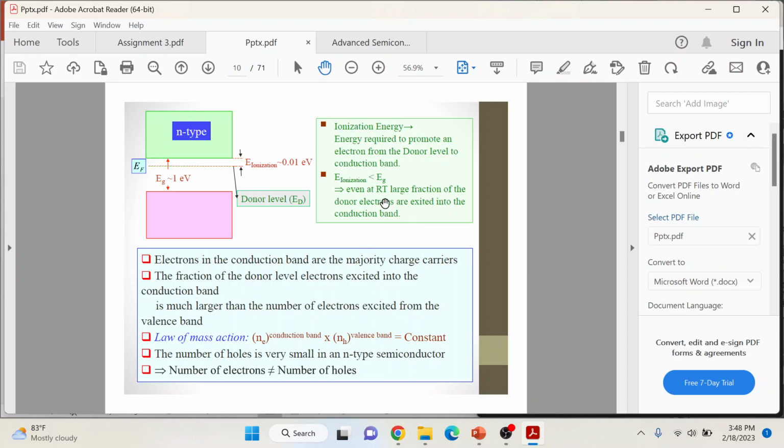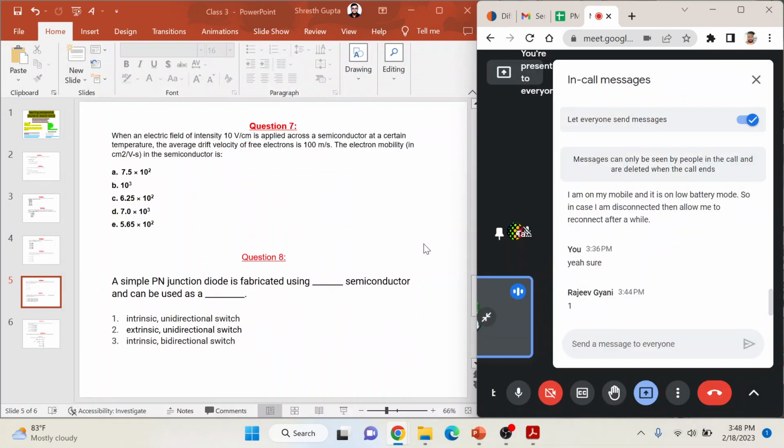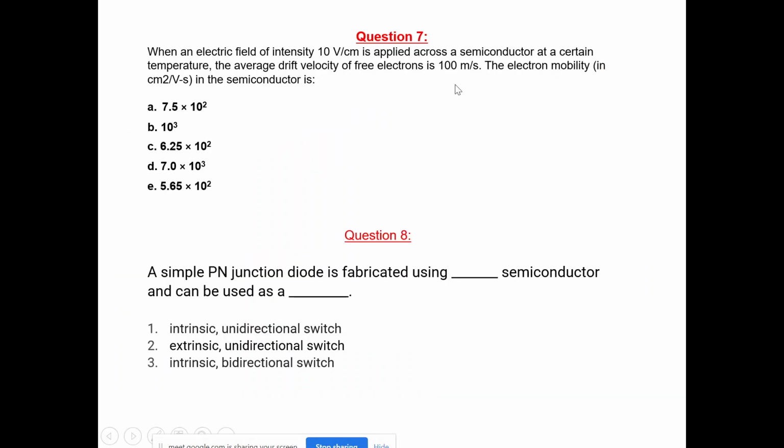And there are different laws which it follows, like when the band gap is greater than ionization or not, depending on the donor level and acceptor level. We classify it as N type and P type on the basis of the doping we are doing, whether pentavalent or trivalent, whether we are giving out electrons or accepting electrons. So this is only possible in case of extrinsic semiconductor. That is why a PN junction diode is fabricated using an extrinsic semiconductor as a unidirectional switch.